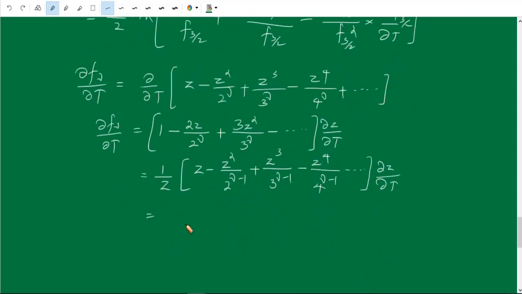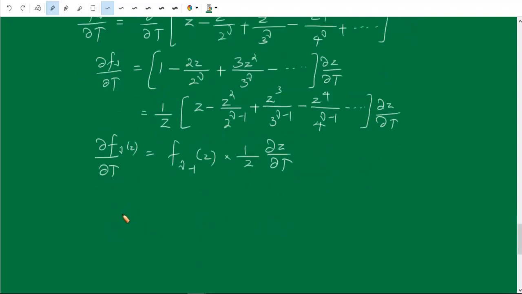Okay, so this is equal to f_(ν−1) of z into (1/z) ∂z/∂t. So this is the differential of f_ν of z with respect to t. So we may use that in the above expression. Also we have another expression.